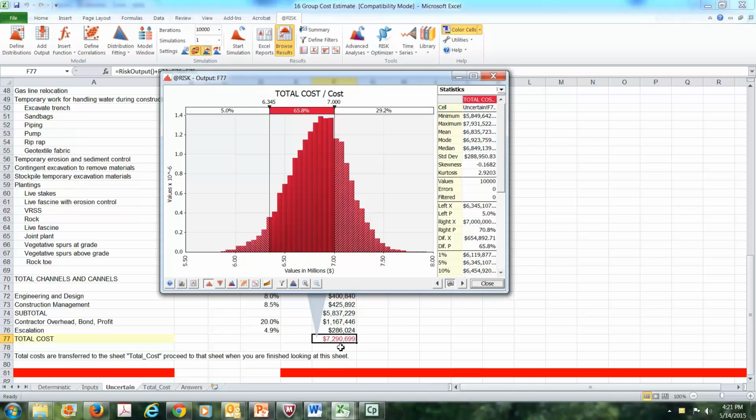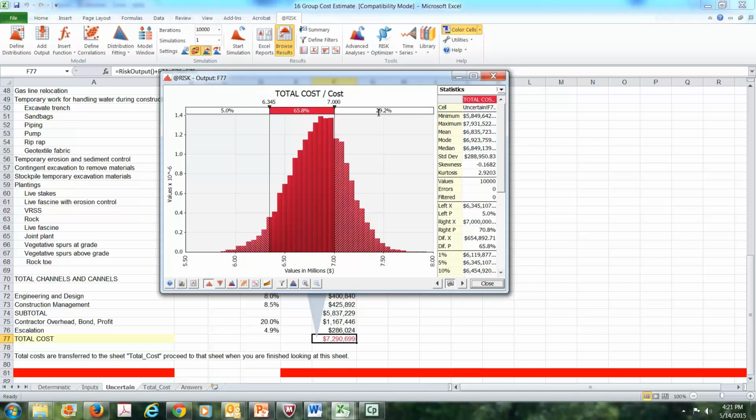This is $7,290,000, so that's a good example of a cost over $7 million. But if we were trying to decide, do we do this project, do we put it in under the CAP program, this is saying, well, there's a 29.2% chance that the cost is going to blow, that you're going to exceed the limit for this program. So this is where you have to be a risk manager. Are you willing to roll the dice on that? So that's one way that we would use these numbers.